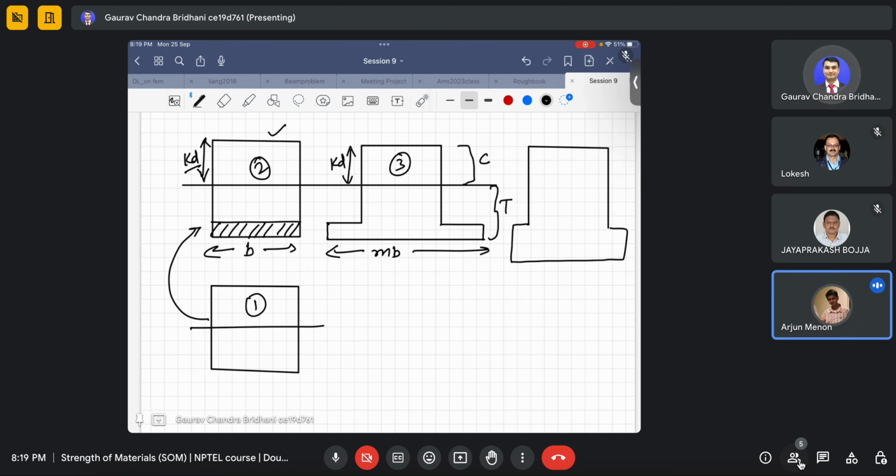After this point your width won't be B, it will be mB. After this point that area change will play a role, that integral.